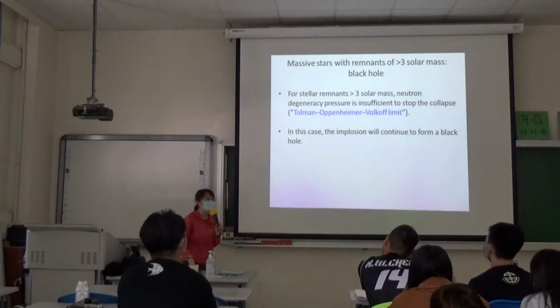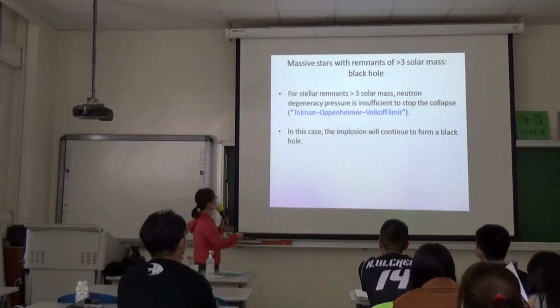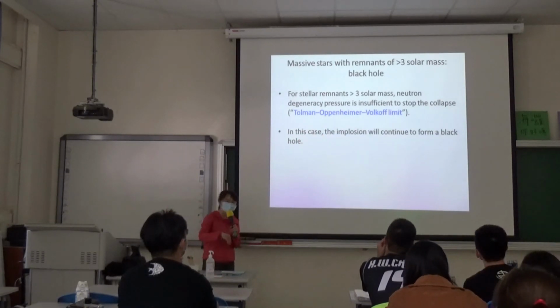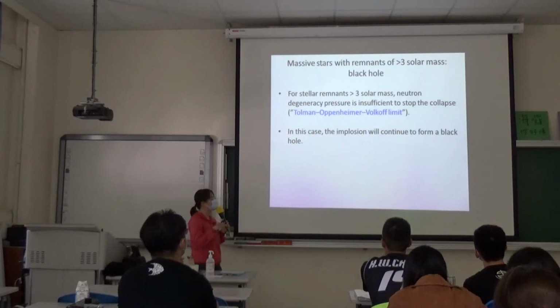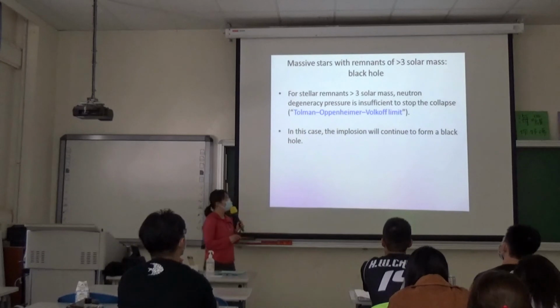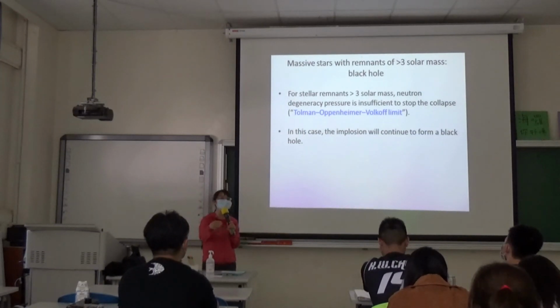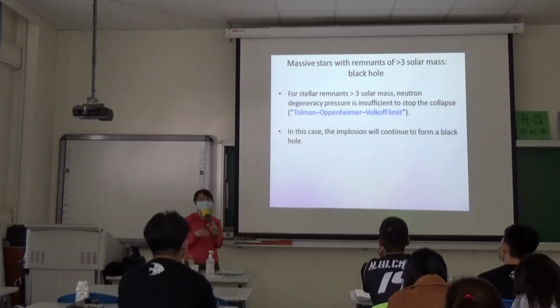Alright, it's just another term. You just remember the gravity is so high. In this case, the infinite implosion, you learned the word, will go on and go on until a black hole forms. So you see there's a continuum of different levels of implosion, and at the end, a black hole will form.